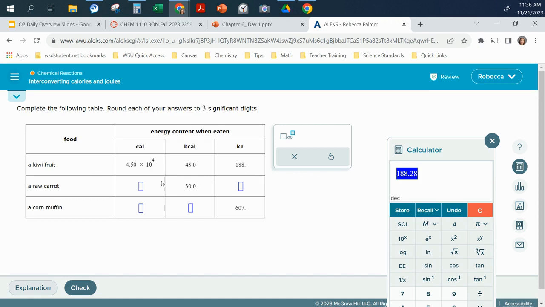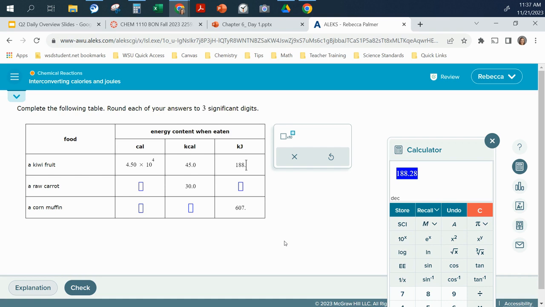On the test, it's also going to be like this. You're going to have one of each number and you have to fill it out. So I like to go this way first. We have 30 kilocalories. We need to figure out how many calories that is. Well, there's 1,000 calories for 1 kilocalorie. Kilocalories cancels out, so I have it in the right spot.